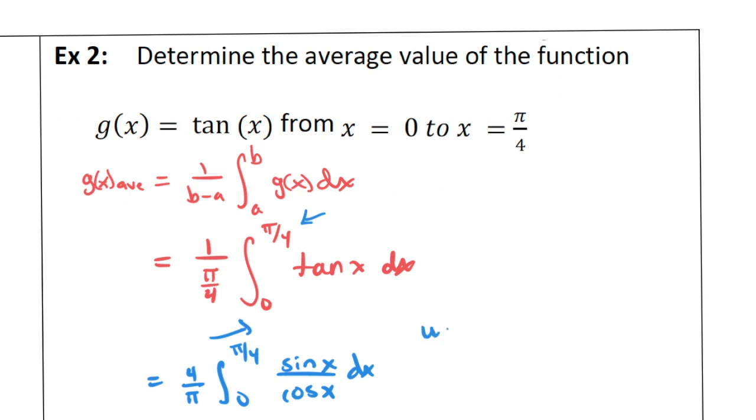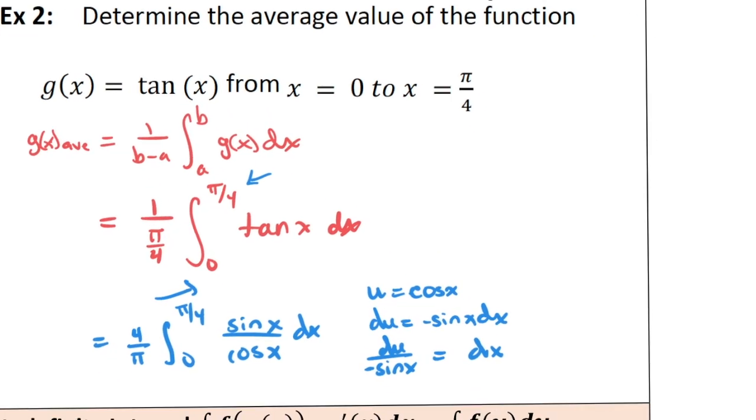So for this problem, let's let u equal the cosine of x. du is going to be negative sine of x dx. So that tells us that dx is du over negative sine of x. Look what conveniently will happen.